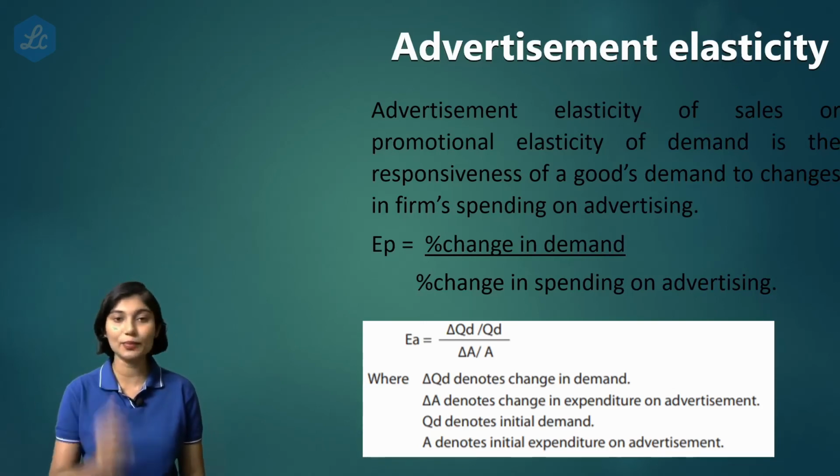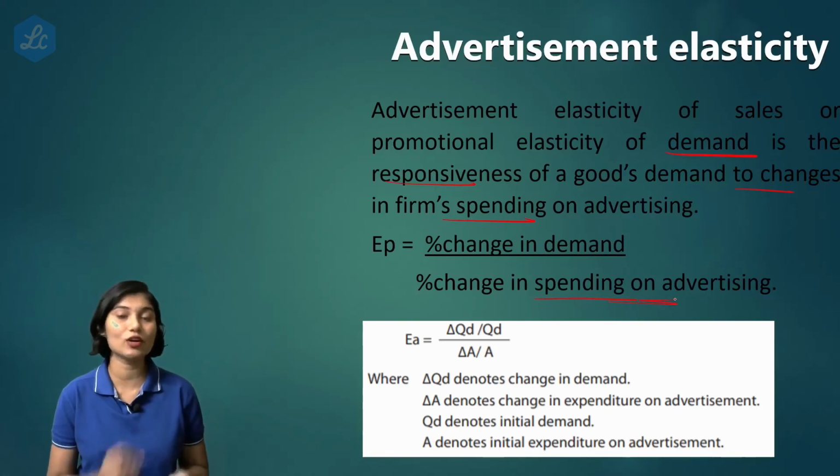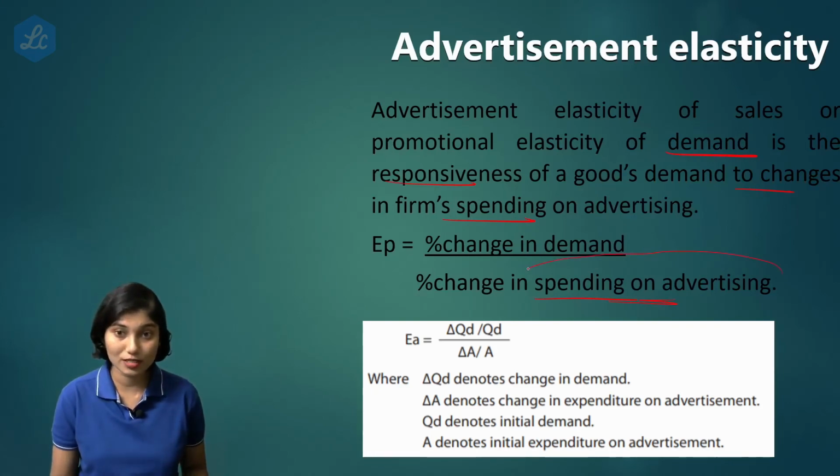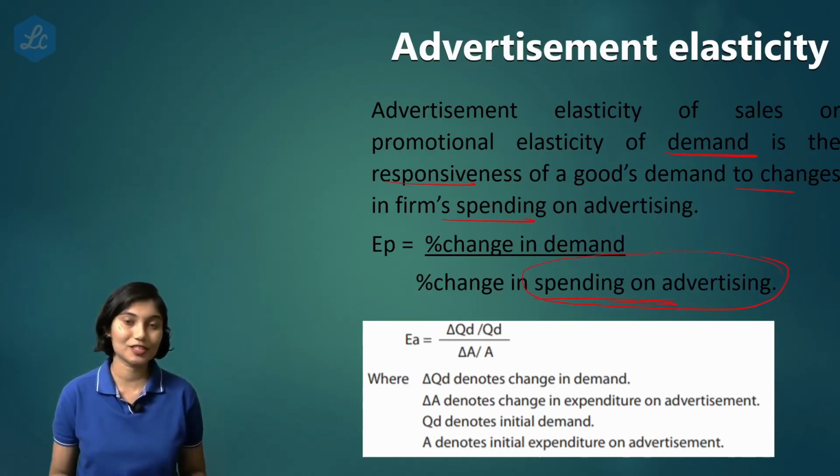In simple terms, advertisement elasticity is nothing but the responsiveness of demand to the amount spent on advertising. So in terms of formula, change in quantity demanded divided by change in spending on advertisement. So what is the change in the formula? Only the denominator, just like before.